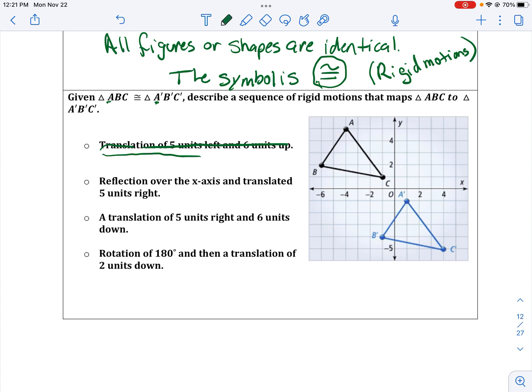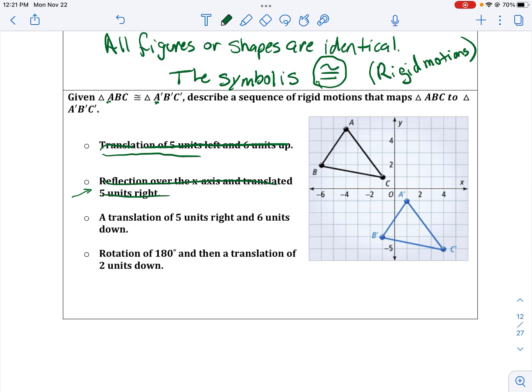Next, it says to reflect over the x-axis. So here's a reflection of A over the x-axis, and then translated 5 units to the right. That is not on A prime, so that is also not the correct answer. Let's try the third one.